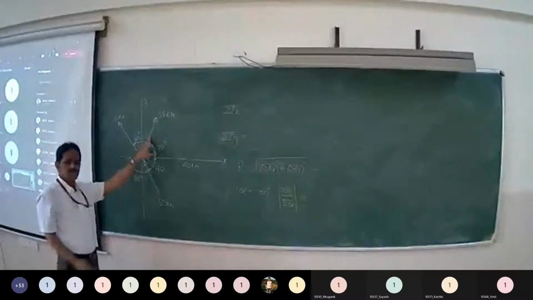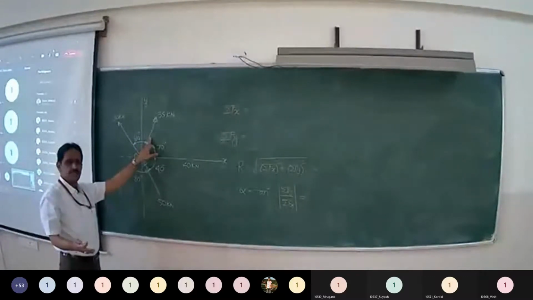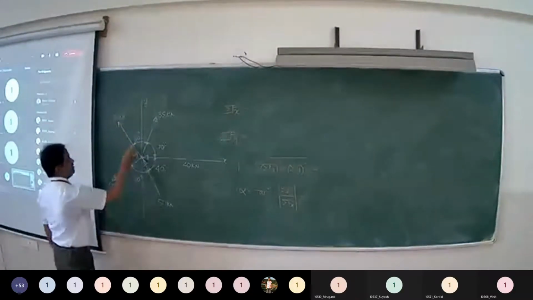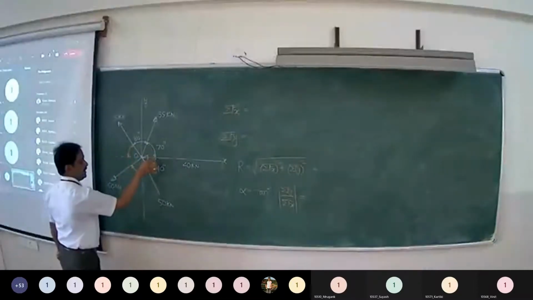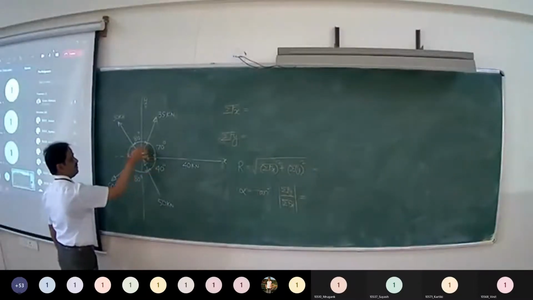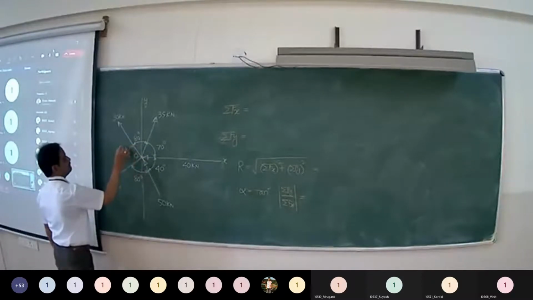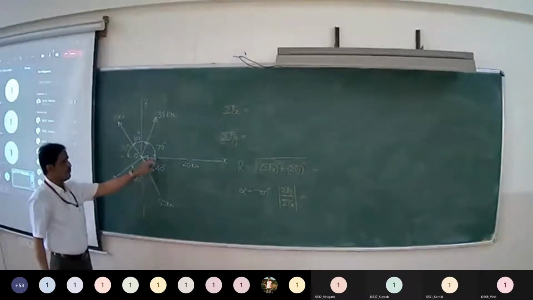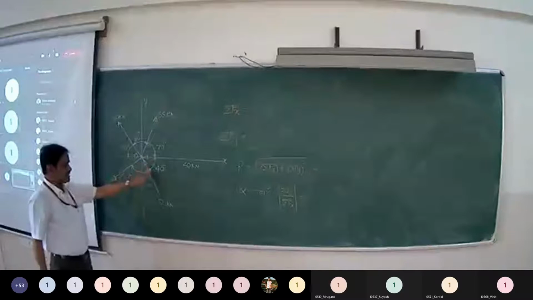To resolve a force into its components, we must know the angle made by the force with respect to either x or y. Now let us find the angle made by 30 kN with respect to the x-axis. 180 minus 70 minus 80, that is 30 degrees. So 50 kN is making 40 degrees with respect to the x-axis.